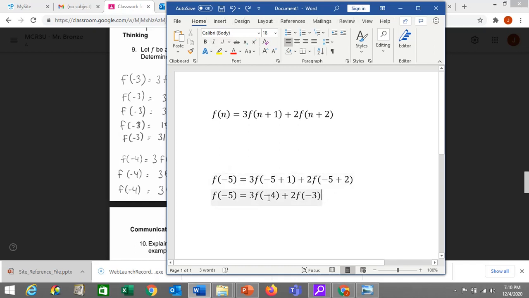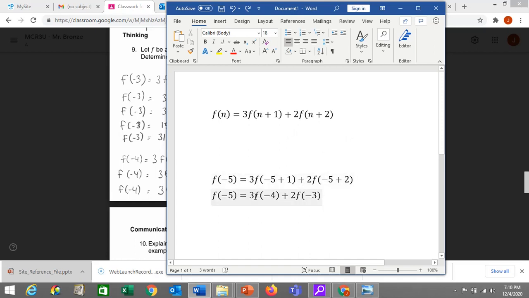f at negative 4 means that you have some value of y when you sub negative 4 into this function f. It's like if you had f at x equals x squared, and then you wanted to find f at negative 4, you would put negative 4 into x squared. So you wouldn't get negative 4 as the answer, you would get negative 4 squared, 16.